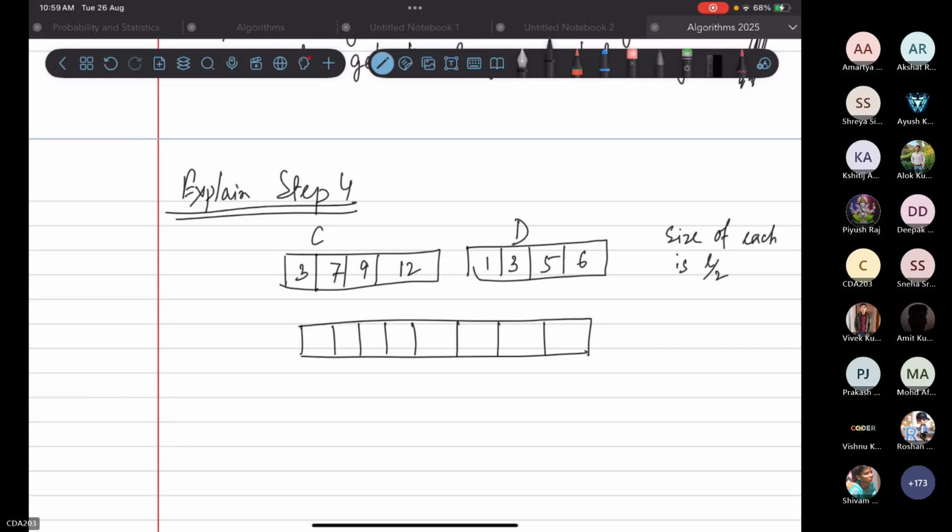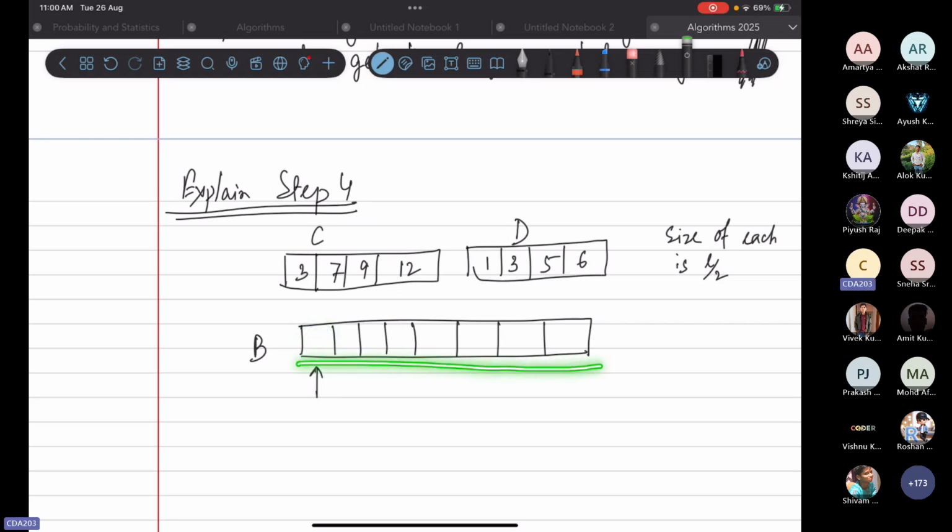Now I need to first fix what will be the value at this subarray. What is the first member of this sorted array?